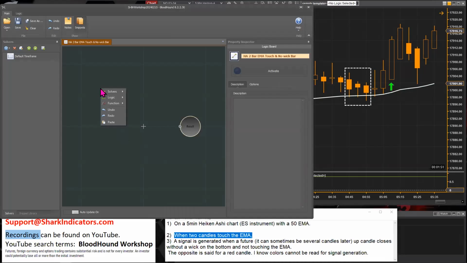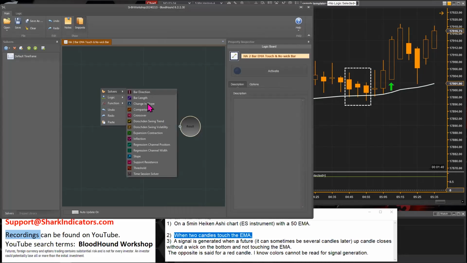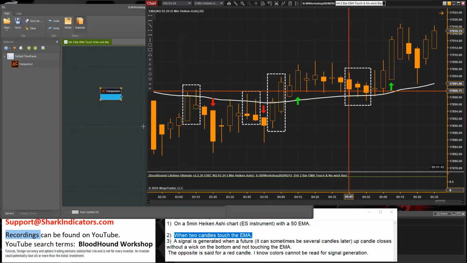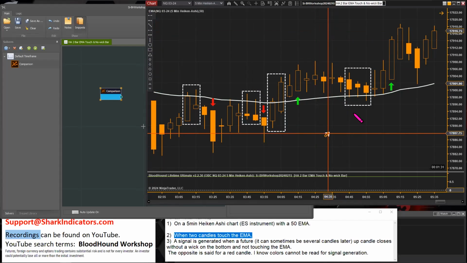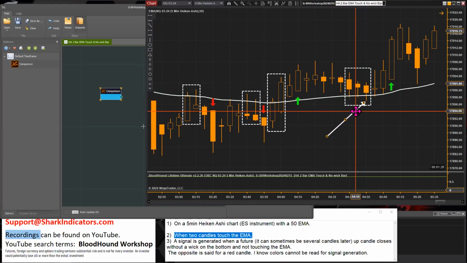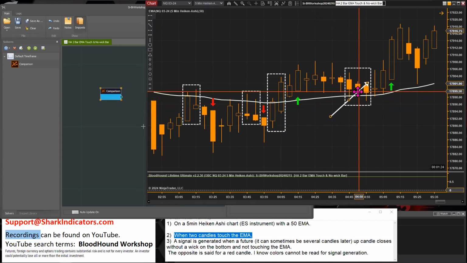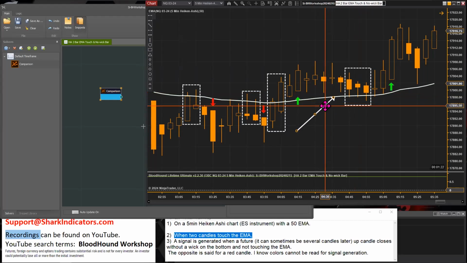What we're doing is comparing the bar prices to that moving average. For a bar to touch a moving average, you need the low price of the bar, and grab that arrow, you need the low price lower than the EMA, and you also need the high price above the EMA.